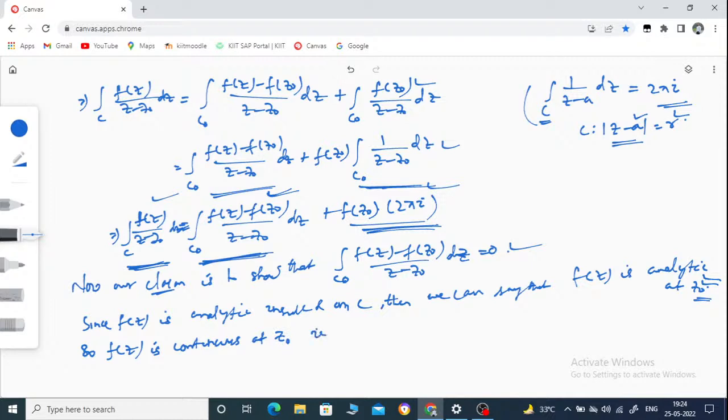So that means we can say, given epsilon greater than 0, there exists delta greater than 0 such that modulus of z minus z0 less than delta implies modulus of f of z minus f of z0 is less than epsilon.